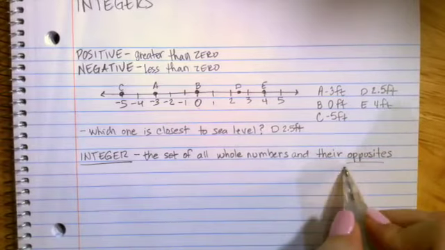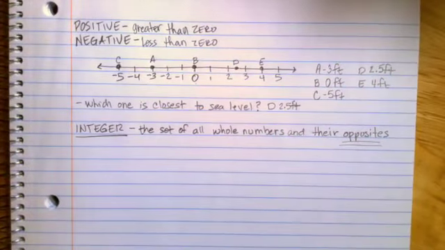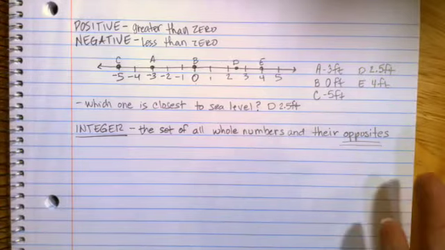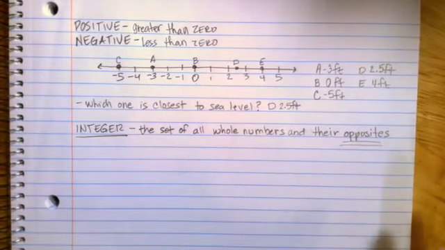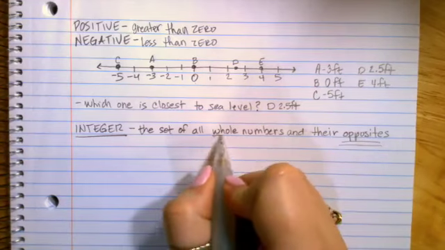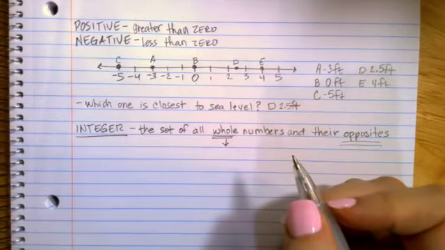Okay, that's a word we have to talk about there. I'm sure you're well aware what an opposite is, but in the world of math, it's the opposite. So if I have a positive number, the opposite would be a negative number.